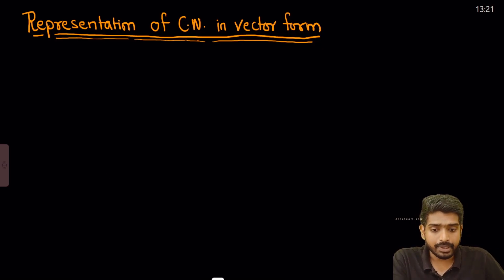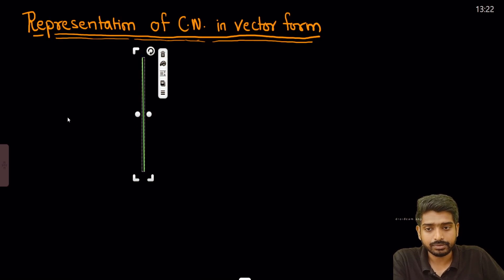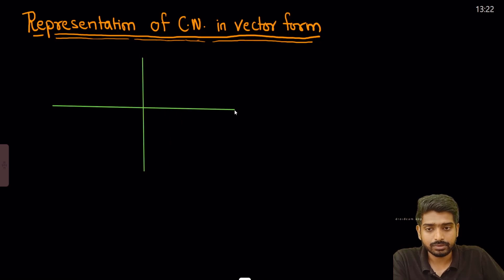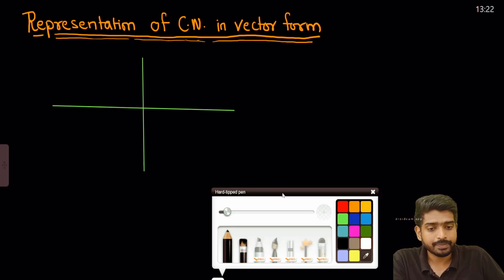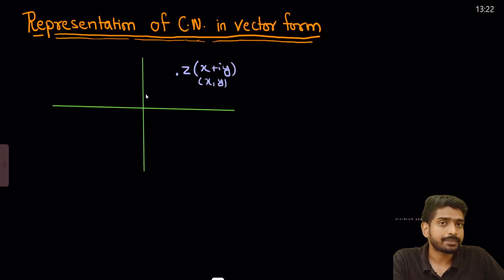For example, suppose a complex number z is equal to x plus iota y. We can write that the coordinates of this z will be (x, y).